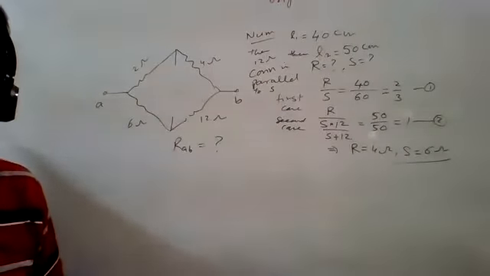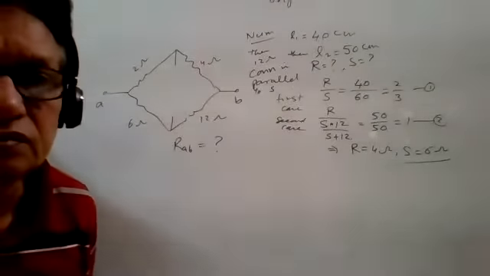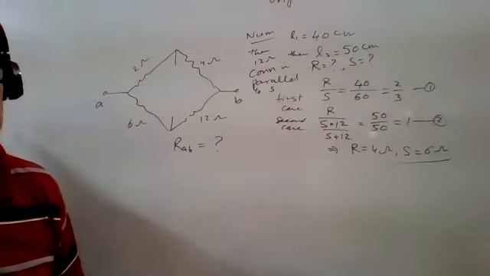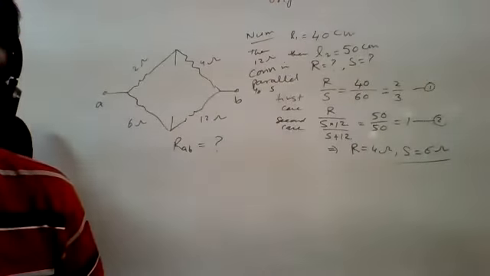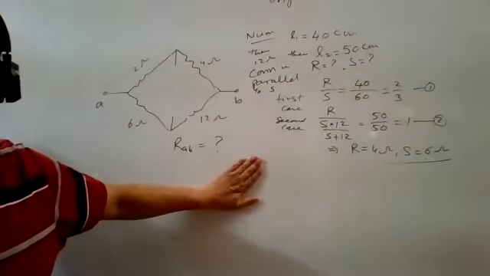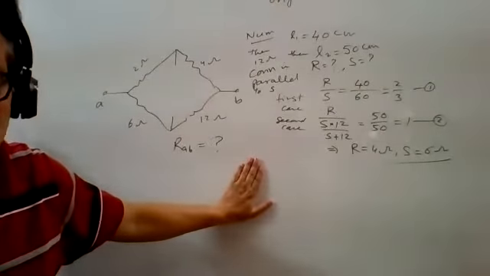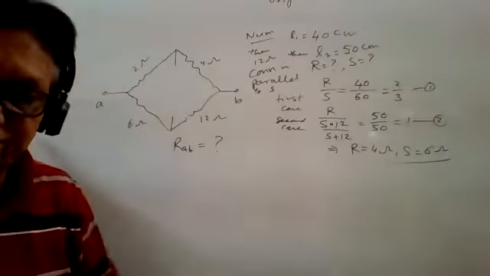Suppose some conceptual questions are asked in the board exam or in viva: why is the meter bridge more sensitive when the balance point comes at the center, in the vicinity of the center?